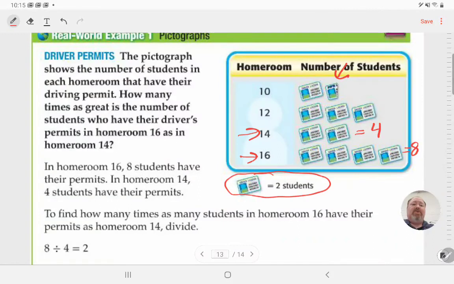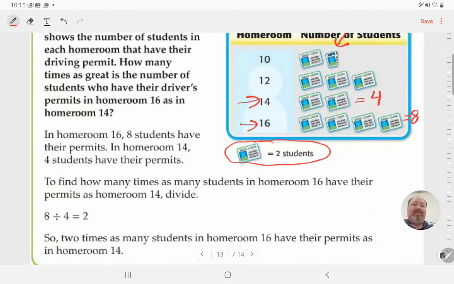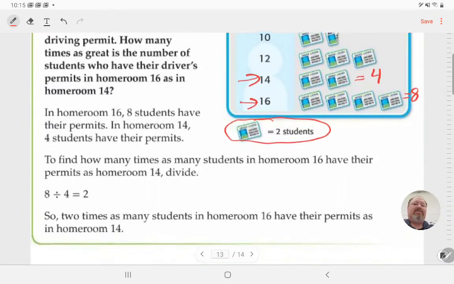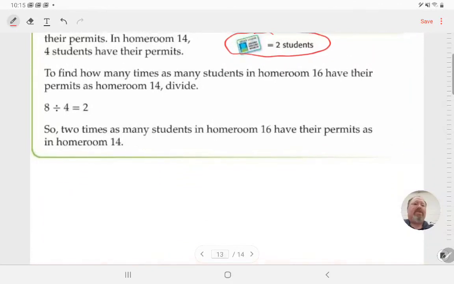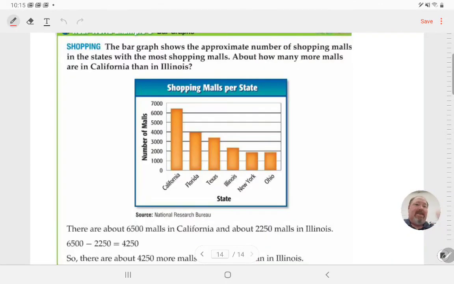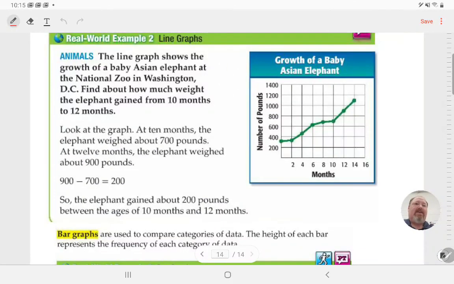If I want to know how many times more there is, I can divide. 8 divided by 4 gives me 2. So there are 2 times as many in room 16 than in room 14. I can check that by saying 4 times 2 is 8. All right, so the next one is a line graph.